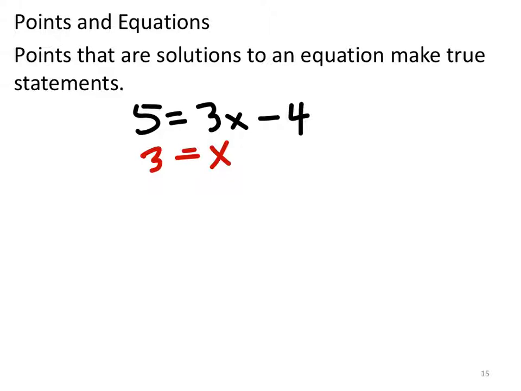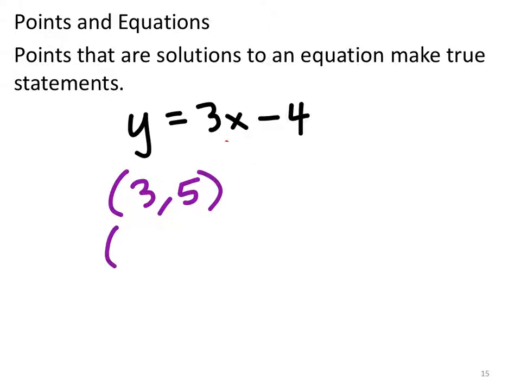The problem with this, though, is that we're not solving for one variable anymore. We're really solving for 2. So this becomes y equals 3x minus 4. Now, there's an infinite number of answers to this. One of those is what we just found, 3, 5.